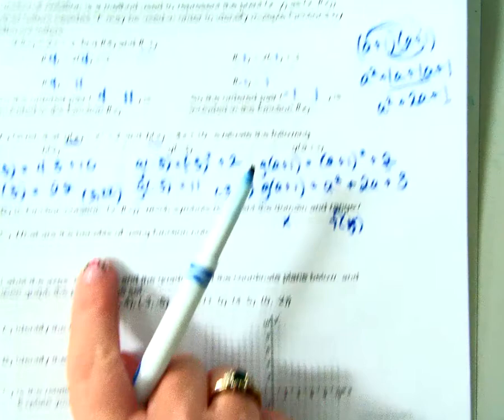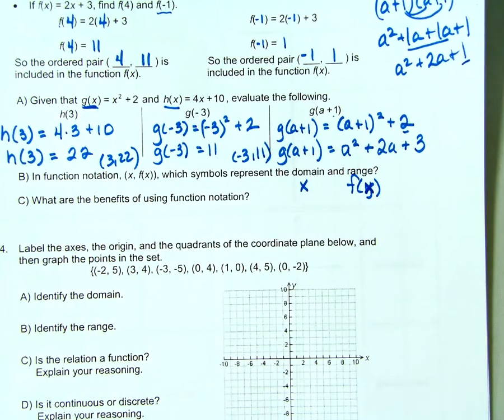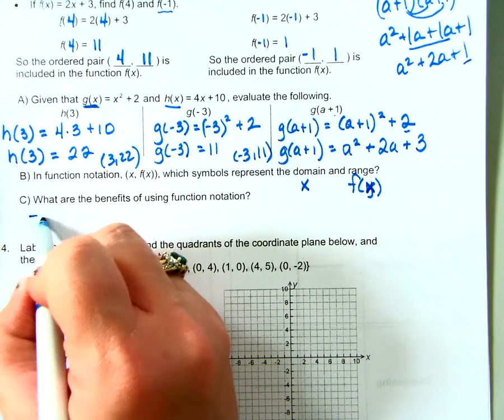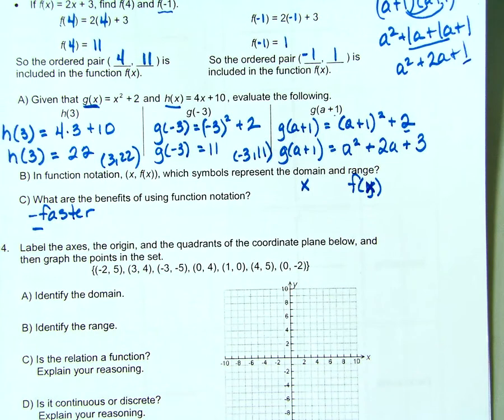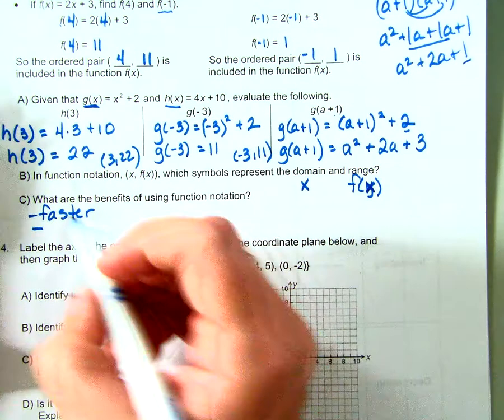Okay? What are the benefits of using function notation? Well, we just said them, didn't we? What are they? Or what's one? Faster. What's another one? What's the important one I told you? Yeah, to keep track of what we're talking about, right?